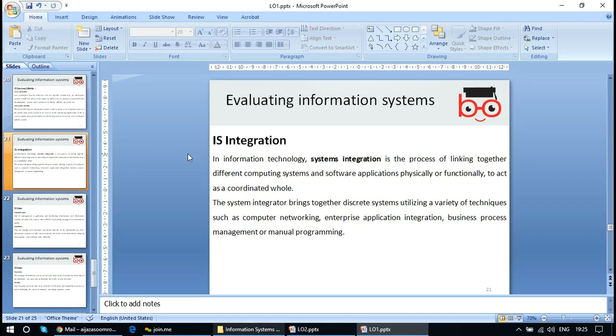The system integrator brings together discrete systems utilizing a variety of techniques such as computer networking, enterprise application integration, business process management, or manual programming. So integration is most important as well. Whatever you have, it needs to be integrated well in order to evaluate and get the benefit of the system.